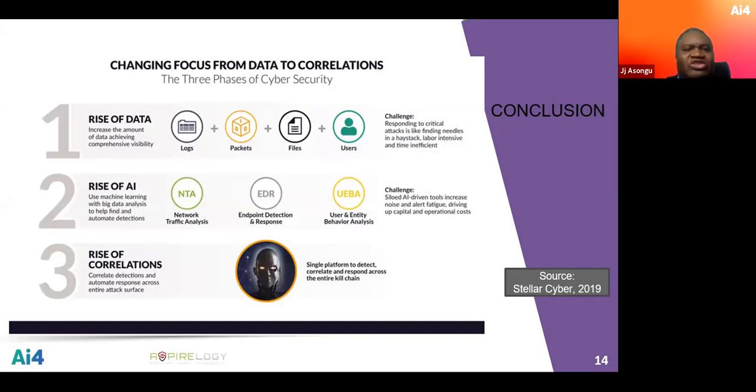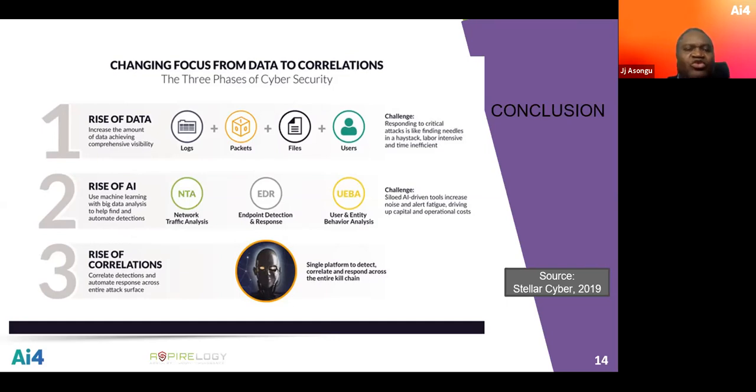Now, to conclude, let us look at the move from data to correlations. As I stated at the beginning of this presentation, third-party risk management initially was focused on data. And there has been an increased amount of data that third-party risk managers have to deal with on a daily basis.